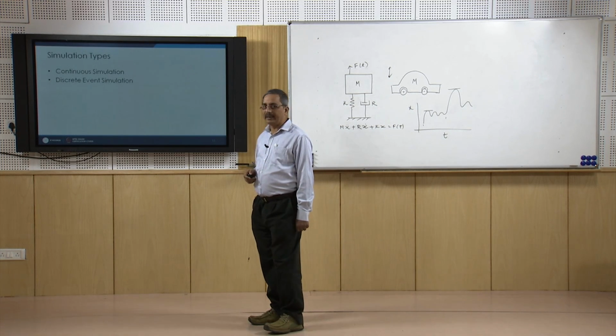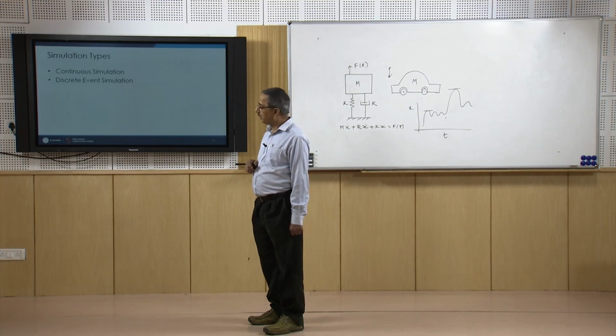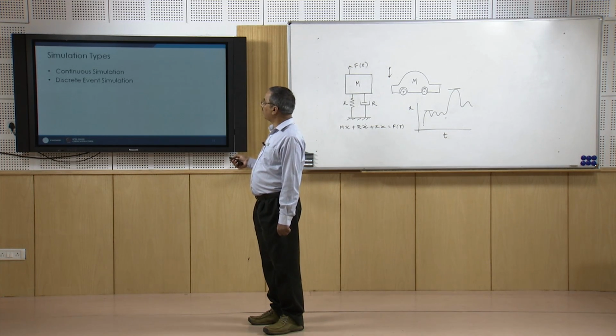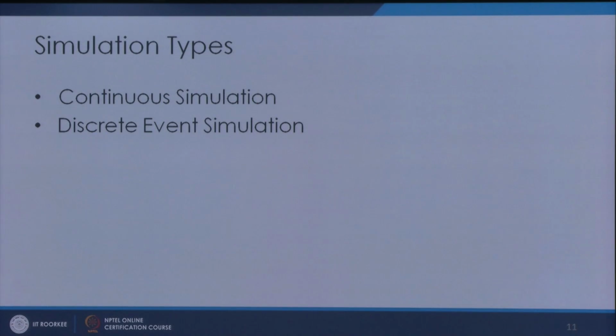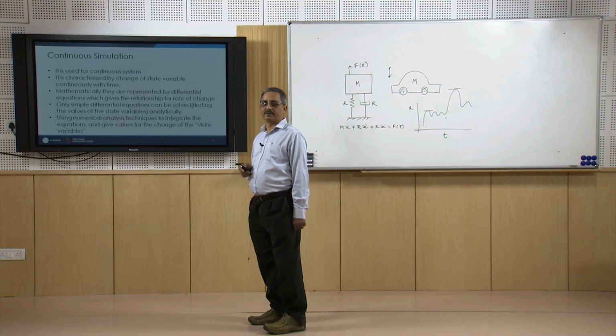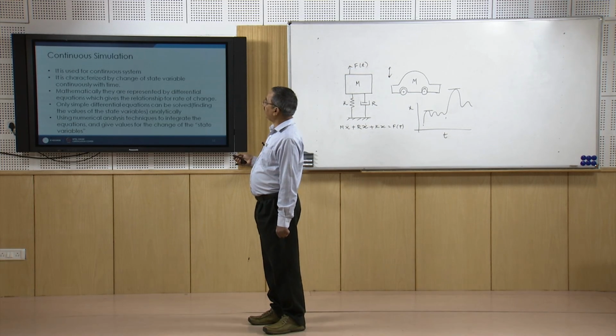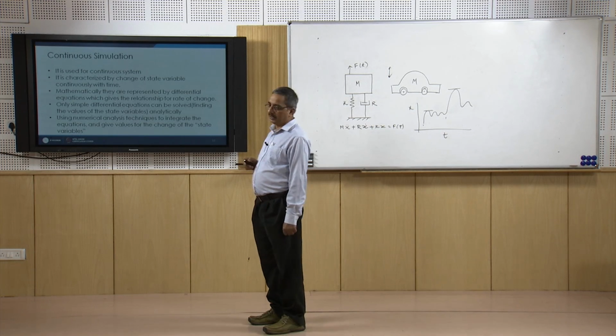There are principally two types of simulation which we usually come across: one is continuous simulation and the other is discrete event simulation. We will discuss details of each type of system simulation method. Continuous simulation is basically used for continuous systems.